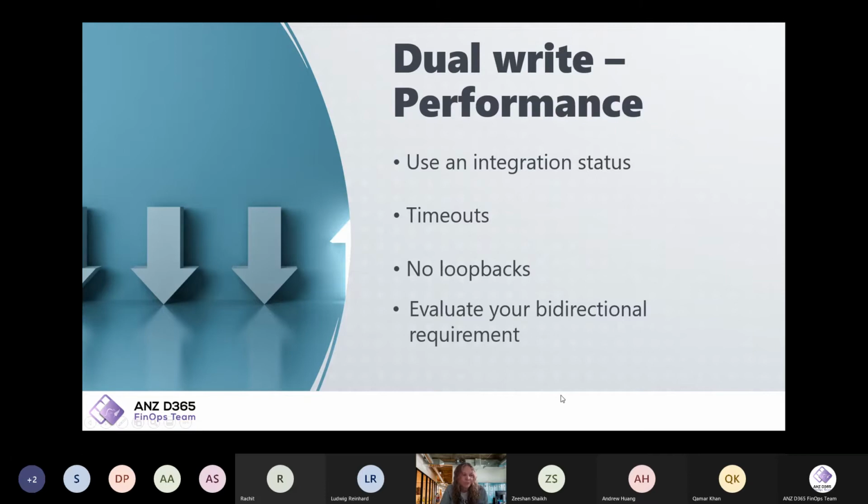Then evaluate your bidirectional requirements. As I mentioned, we have high volume transactions. So once our transactions reach finance and we, say, take 1,000 lines on hold, we'd get the old timeout error again. So we decided to do one-way integration into our system. Once it reached finance, at that point it was mastered in finance. So it's staged in CE, and then it's pushed across, and then it's mastered in finance.